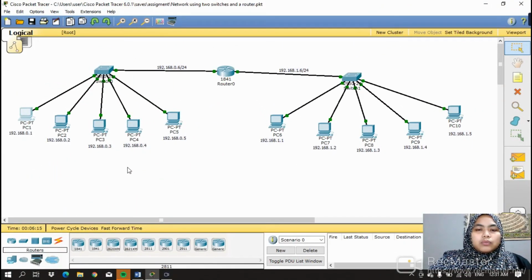I will continue with the last part of the network configuration, which is the network using a switch and a router. I already arranged the network based on the question given and already entered the IP address for each PC. Okay, the router is used to split the internet connection to all devices, acts as a firewall, and determines where to send information from one computer to another.